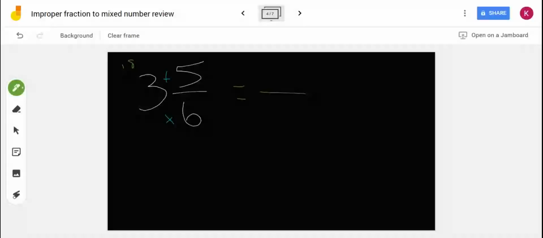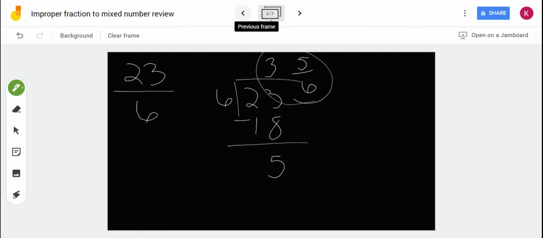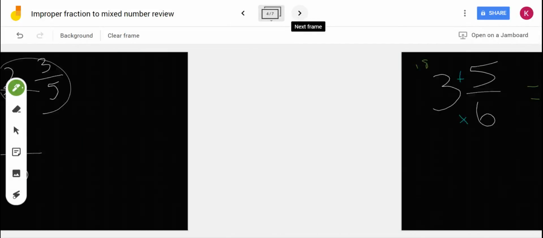And then I'm going to do 18 plus 5, and I get 23. And my denominator stays the same. If you notice, that's the same as going from an improper fraction to a mixed number and from a mixed number to an improper fraction. If you remember back to the first example I gave you, I just showed you how to go back and forth between the two.